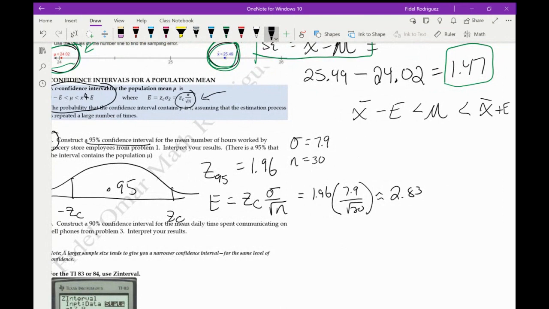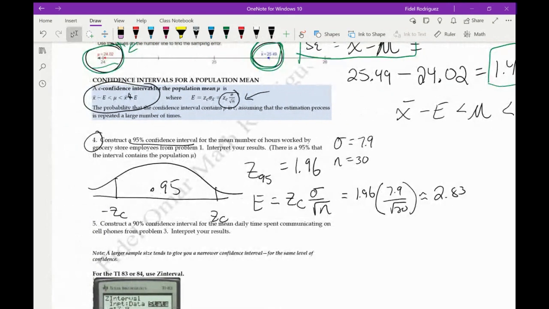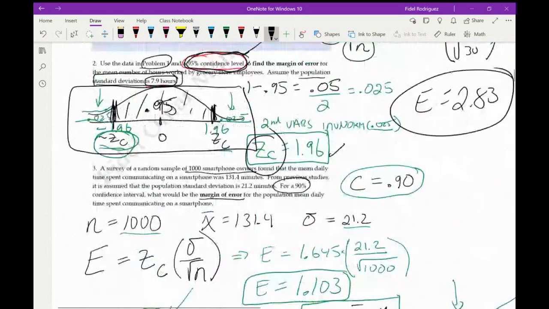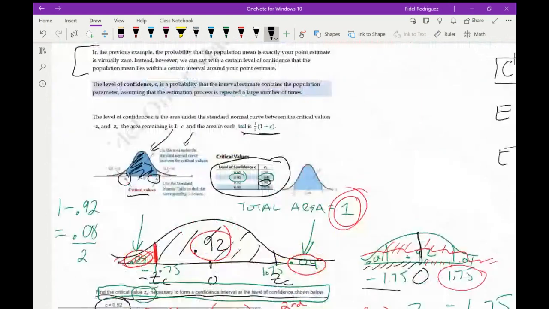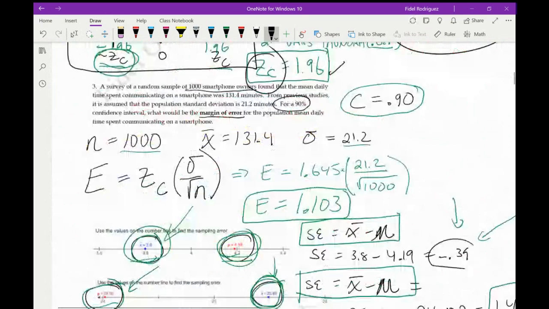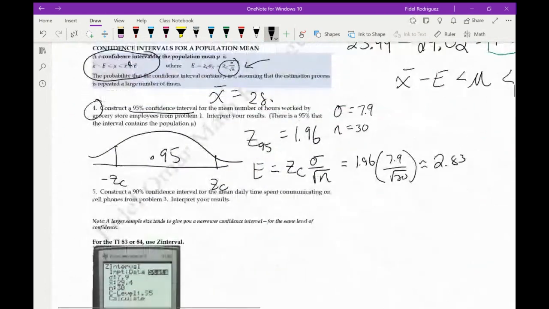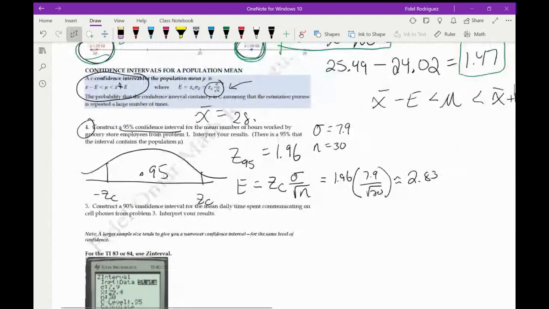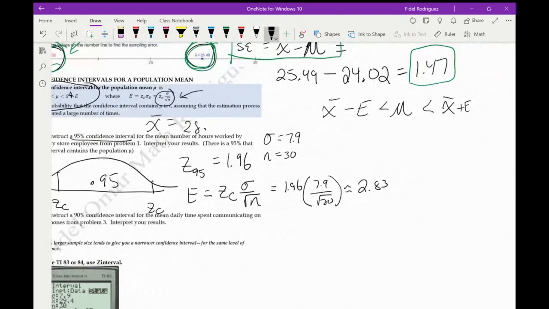For this particular problem, we already knew from part number 1 that our x bar was something like 28 point something. Let me come back and look because I forgot what number we got. 28.2, right? So my x bar from this problem was 28.2.